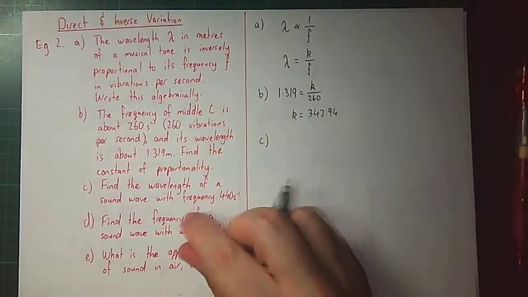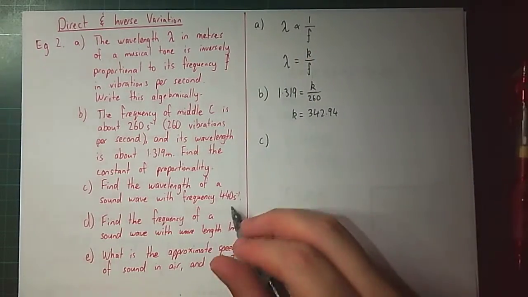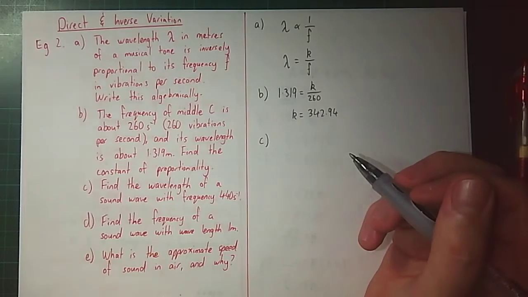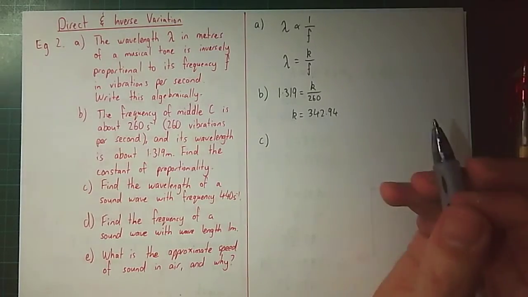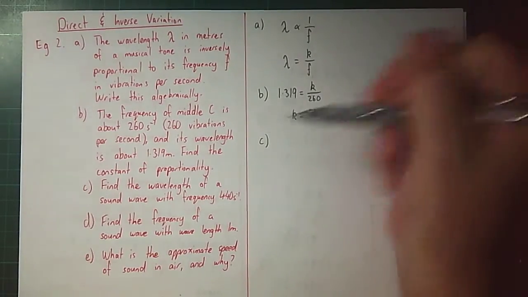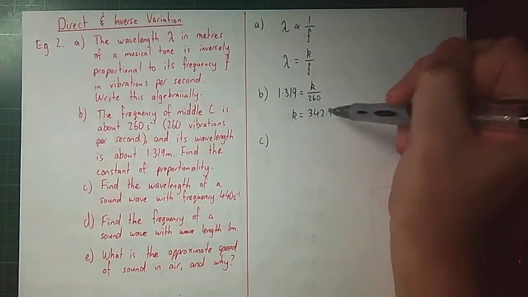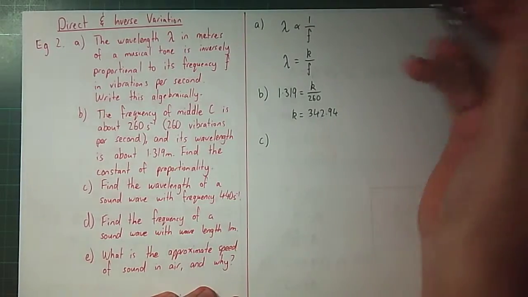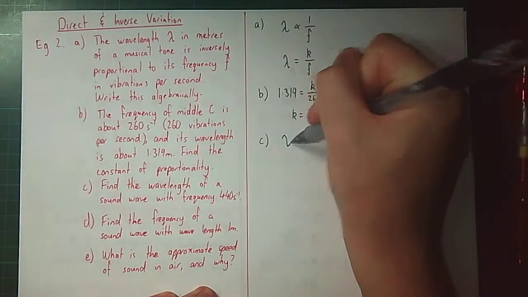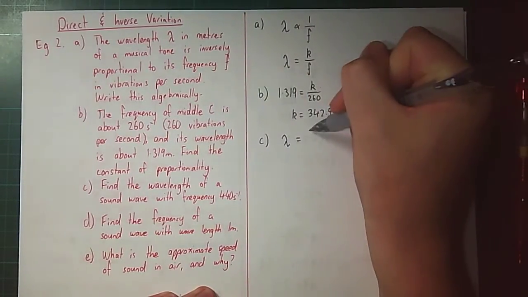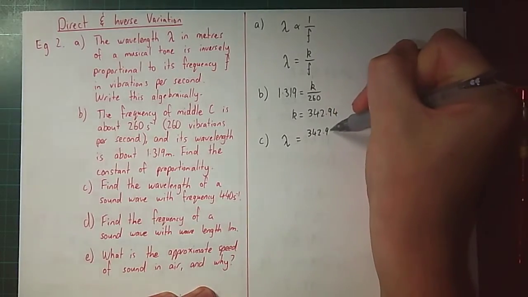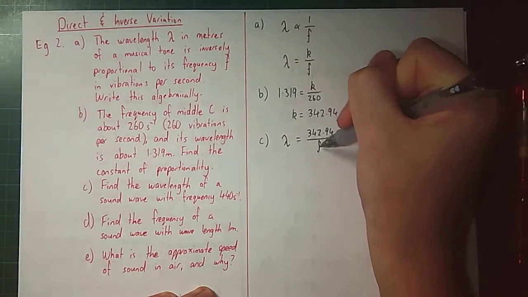Next, we have C. It says, find the wavelength of a sound wave with frequency 440 vibrations per second. So we'll just replace 440 in, but we know that k is this value, so that means that the original equation is going to look like this. Lambda is equal to 342.94 over f.